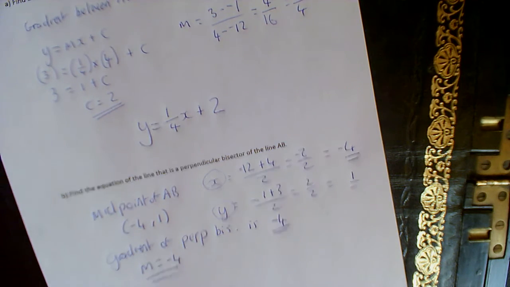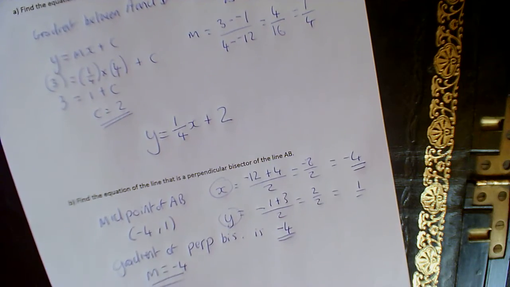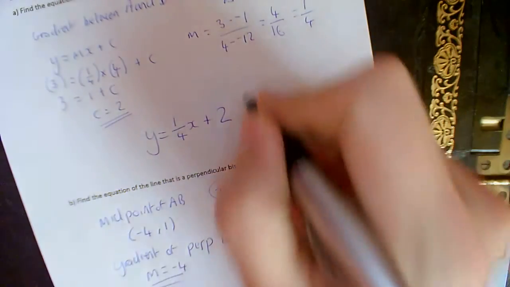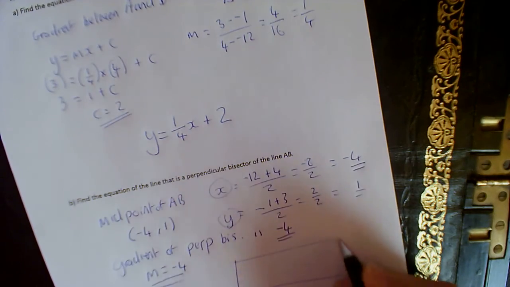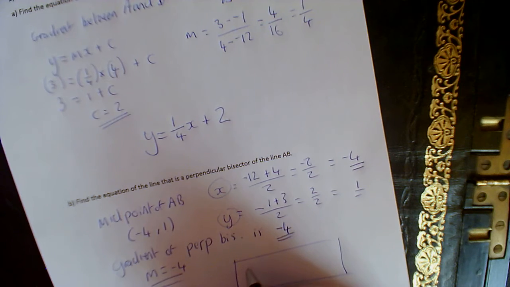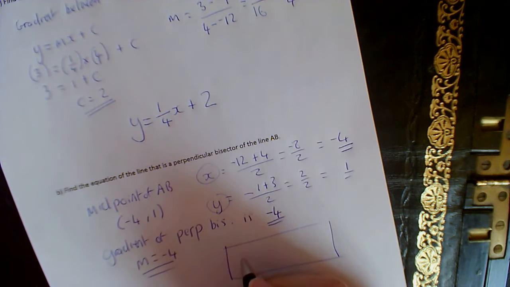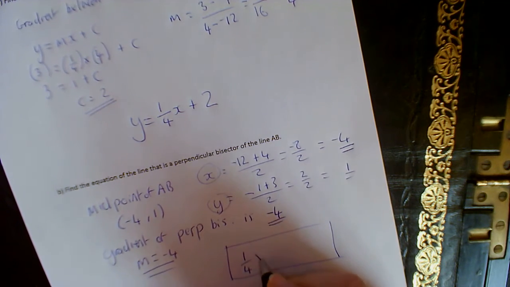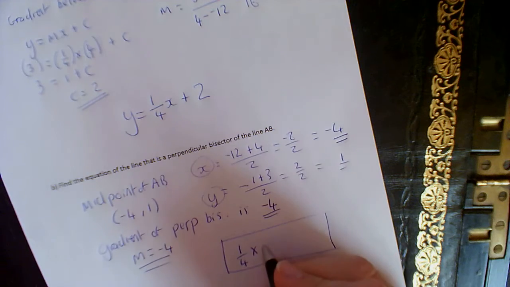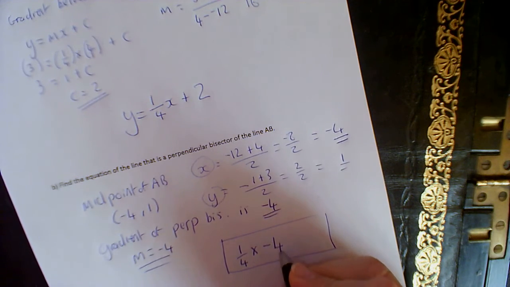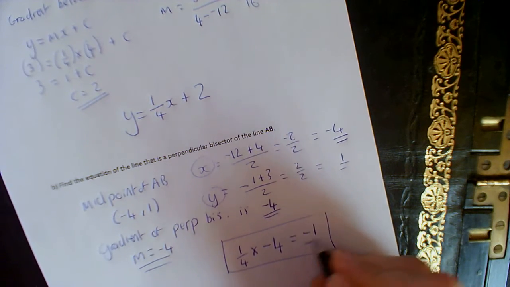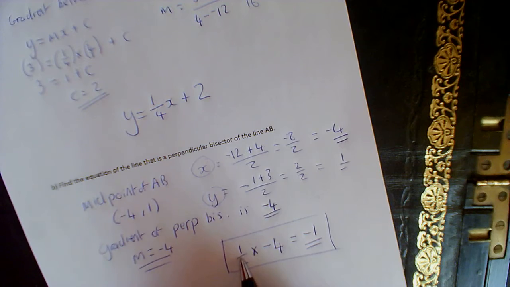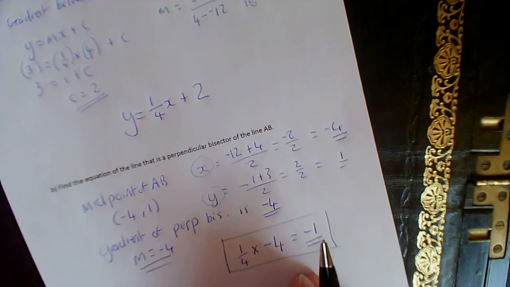So let's check. The gradient of the line AB was a quarter. Our perpendicular gradient we're saying is negative 4. They multiply to make negative 1. Perpendicular gradients multiply to make negative 1.